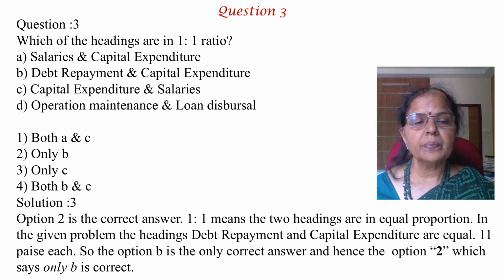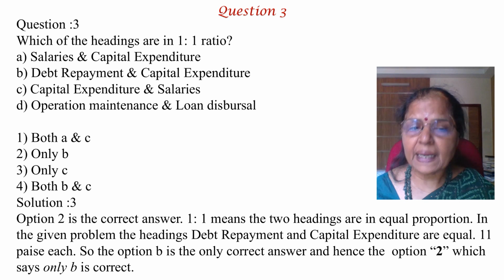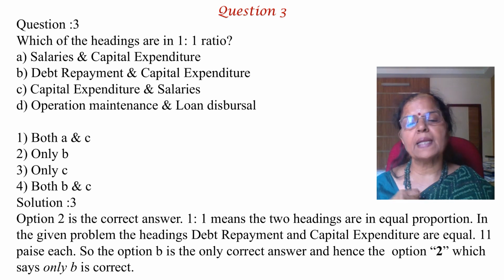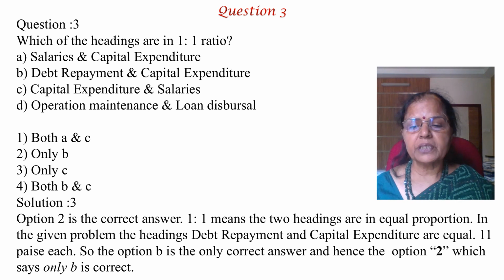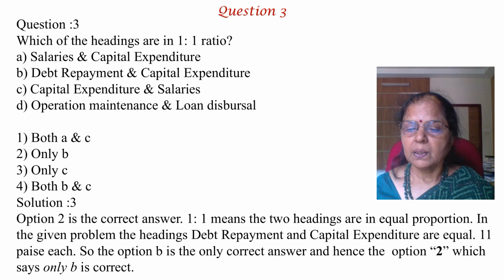Question number 3, which says which of the headings are in 1:1 ratio? Again, this is a question on ratio. Which of the headings are 1:1 ratio? That means which are in equal proportion. So look at the table and find out the 2 headings which have equal numbers.